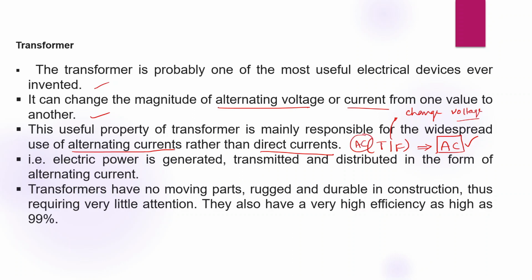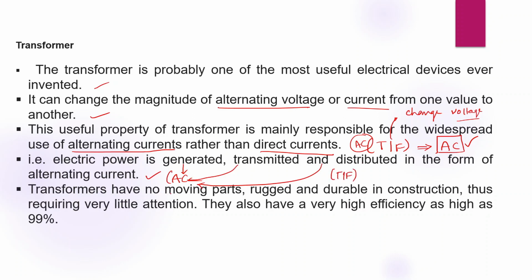So the input to the transformer is an AC supply. It is not a DC supply. Electric power is generated, transmitted, and distributed in the form of alternating current only, not DC, because of the transformer's useful function.